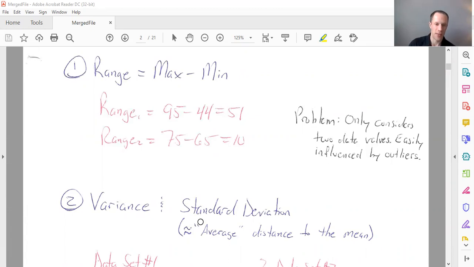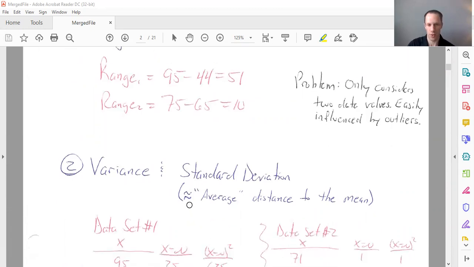Now, standard deviation, this is not a 100% technically accurate definition for it, but if you think of it in these terms, it will help you get your mind around what the standard deviation is sort of doing. You can think of it as an average distance to the mean.